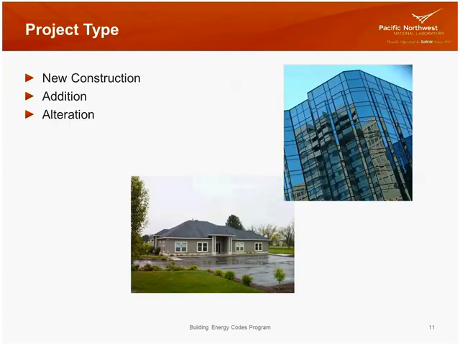So with project type, as I mentioned, what that means is defining, is this new construction, is this an addition, or an alteration? With commercial buildings, this gets a lot more questions when it comes to project type. You could have multiple things going on with a building, meaning you could have an existing building where on the north side you're doing an addition, and on the south side of that building you might be doing a whole wall replacement.